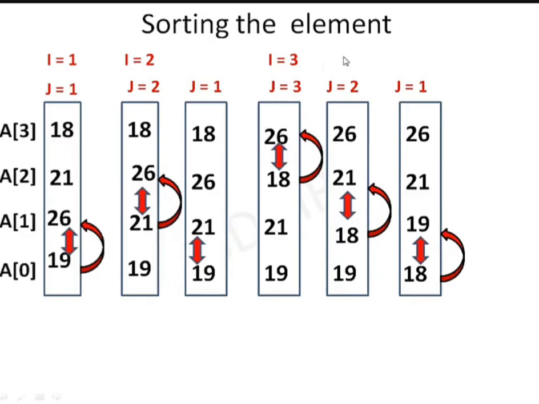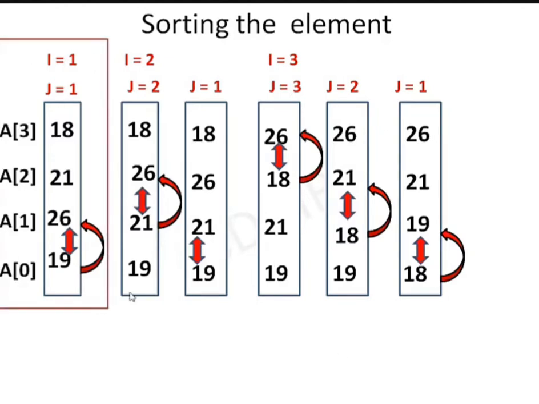i is incremented to 4. As I told you, it can go only up to 3. When it goes beyond that, I'm going to terminate this loop. So there is one loop for i, there is another loop for j, right? And inside that, I'm going to interchange the values.